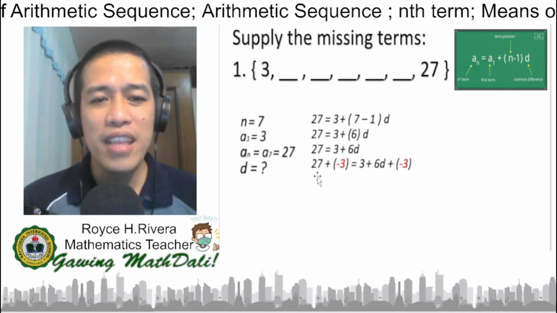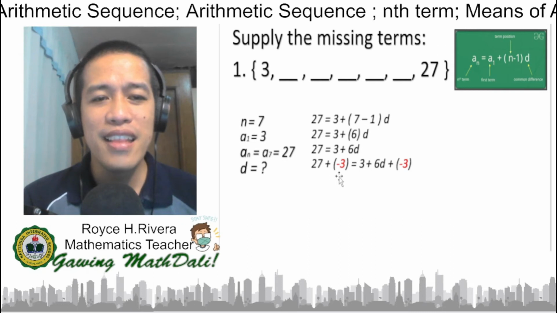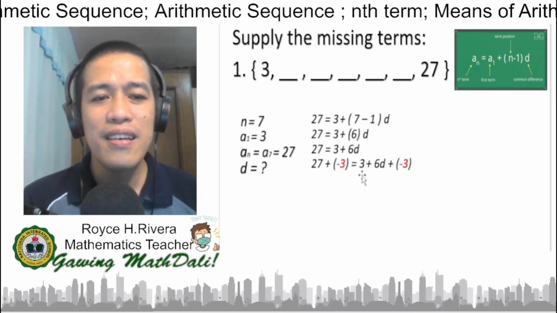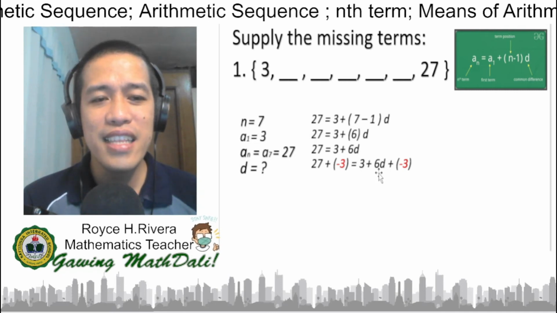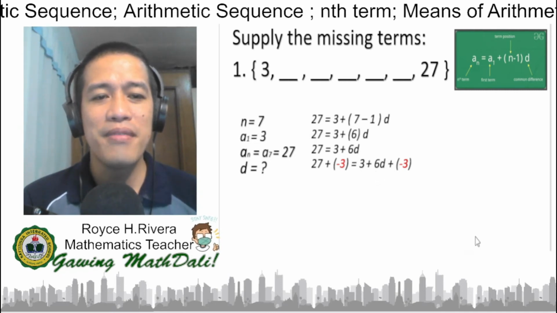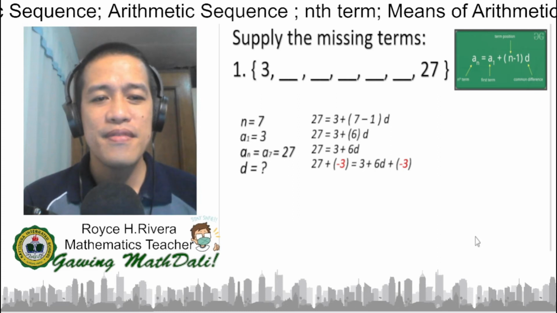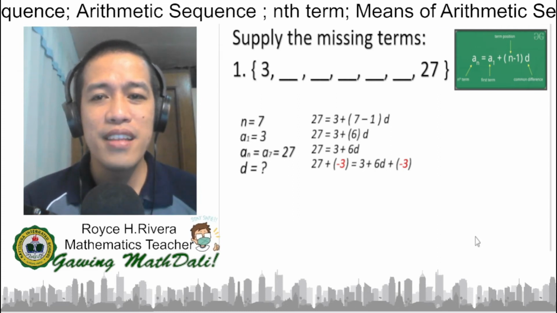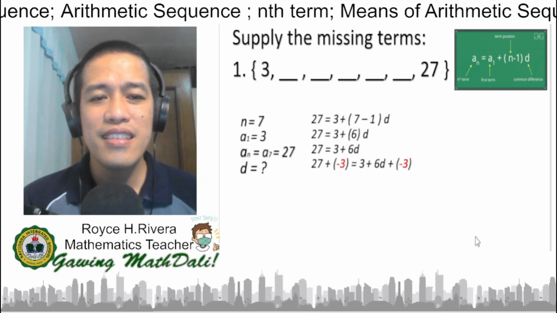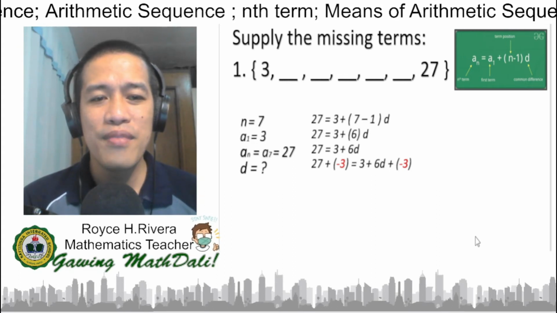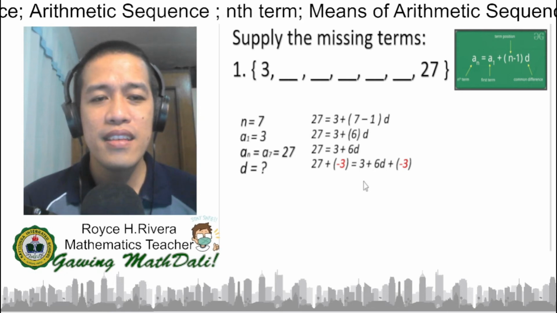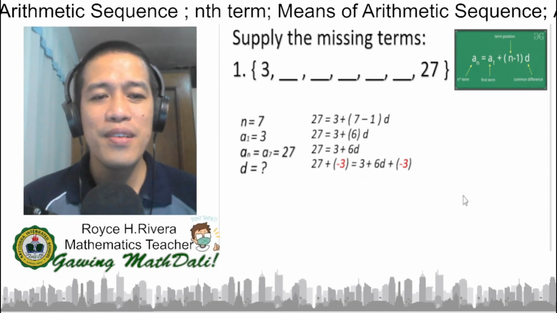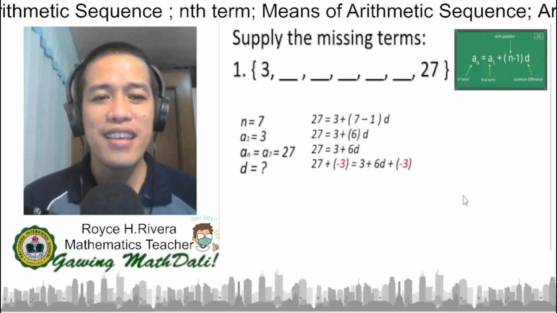So we have 27 plus negative 3 equals 3 plus 6D plus negative 3. 27 plus negative 3 is 24. 3 plus negative 3 will cancel out each other.